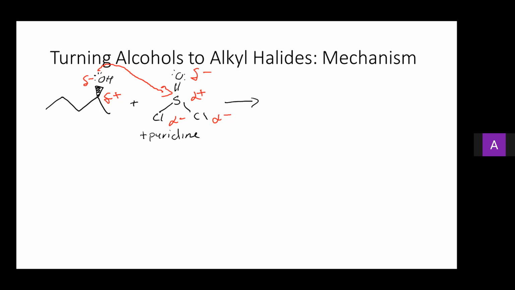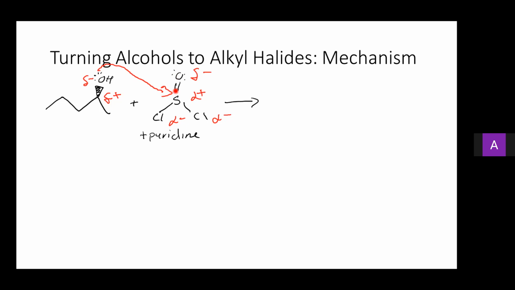So the double bond, that's a big hint. The double bond, those electrons can go somewhere, so we want to break a bond, right? So the double bond between S and O, right here, that double bond is going to go somewhere.